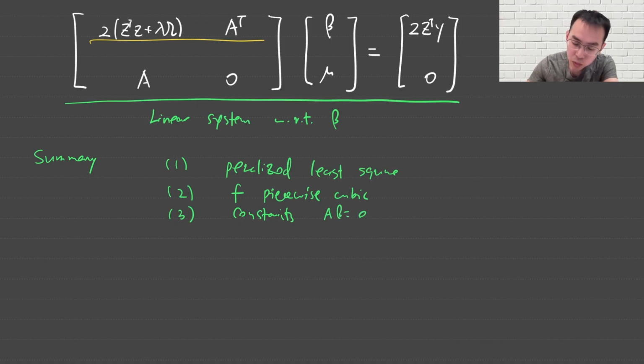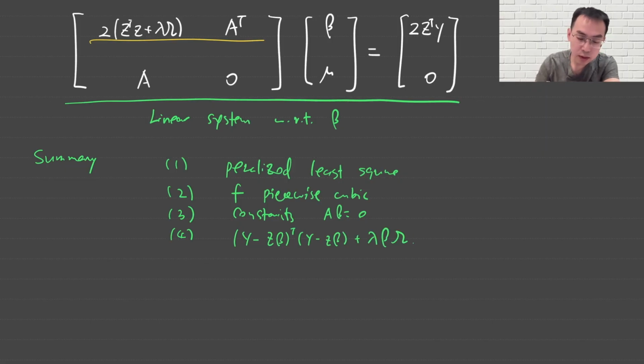And then next we write out the objective function. We simplify the objective function as (y minus Zβ) transpose (y minus Zβ) plus λ β transpose Ω β.